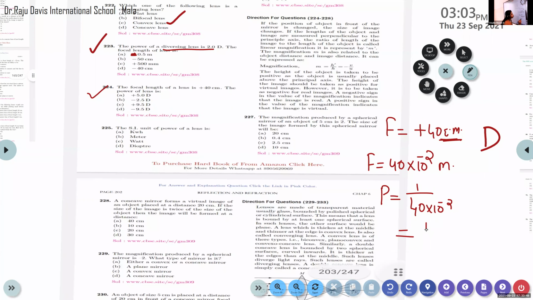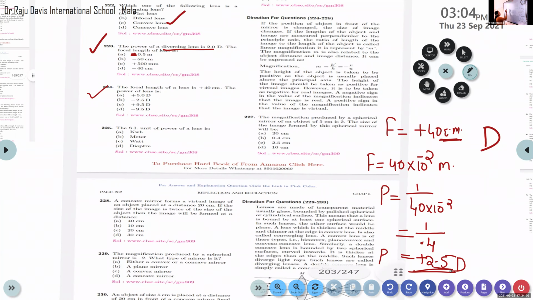That is equal to 1 divided by 40 into 10 raised to minus 2, which means 1 by 0.4. P is equal to 2.5. It is plus 2.5 diopter. So the answer is plus 2.5 diopter.